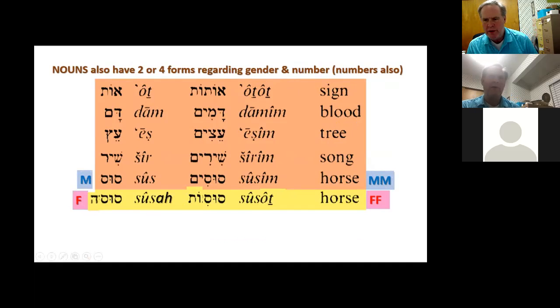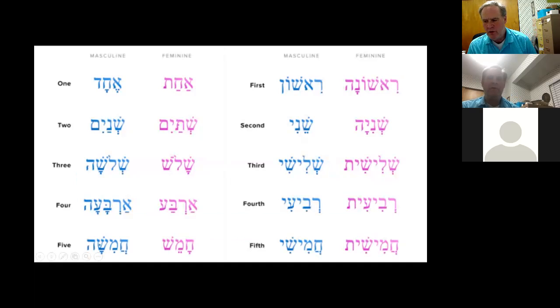So for example, now we can talk about if you have one horse, one sus, instead of saying the same word for this one, this is the segol. Okay, so olive has no sound. There's a segol, there's the chet, and the dalet is going to be echad. So sus echad is one horse, but if it's feminine, you'd say susa achat.